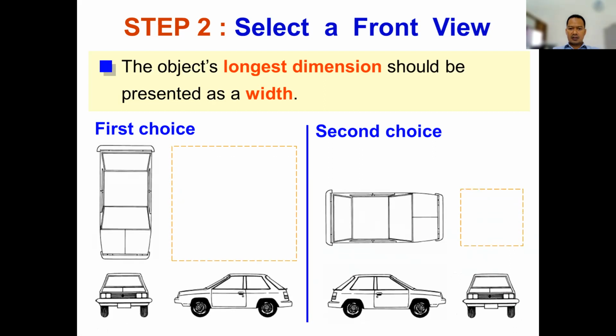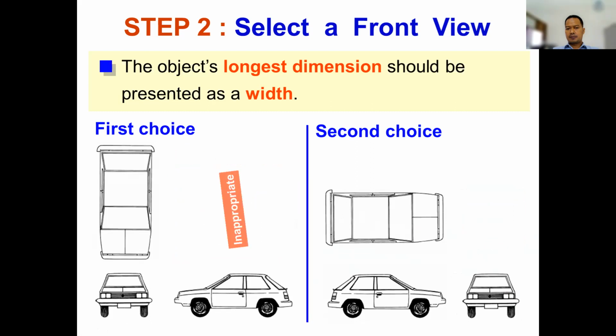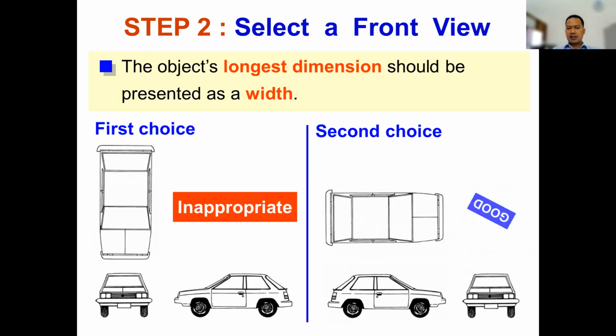For the first choice, this is with more space compared to the second choice. So the first choice is inappropriate, and the better is the second choice. So this is the example of how to select the front view.